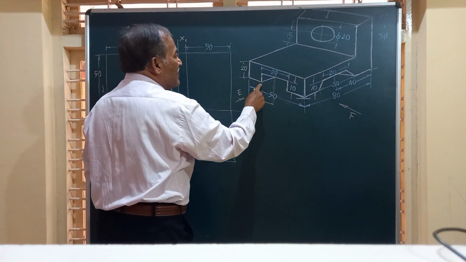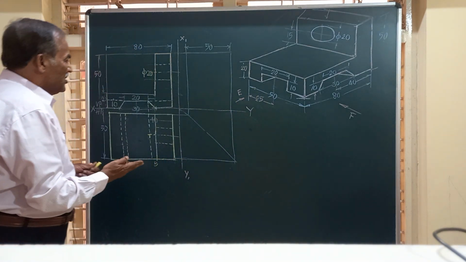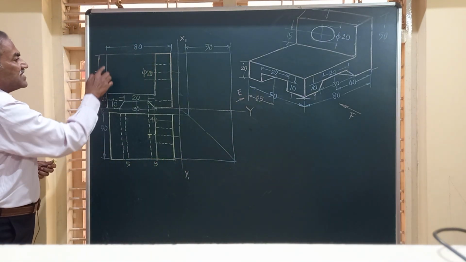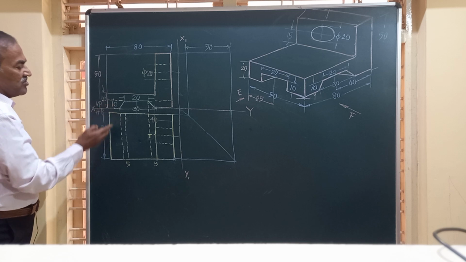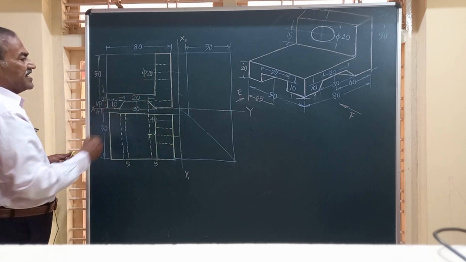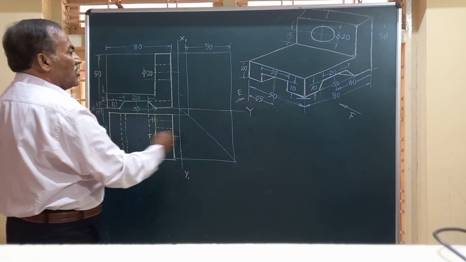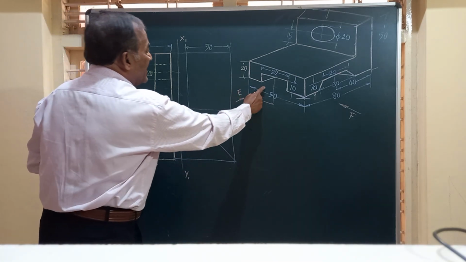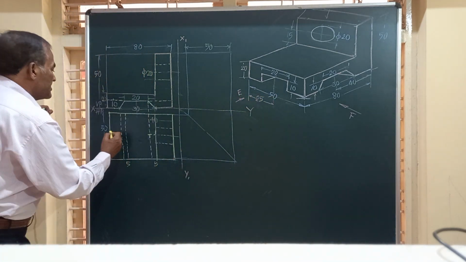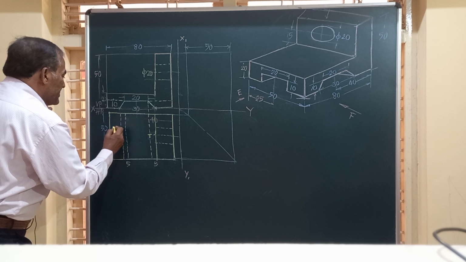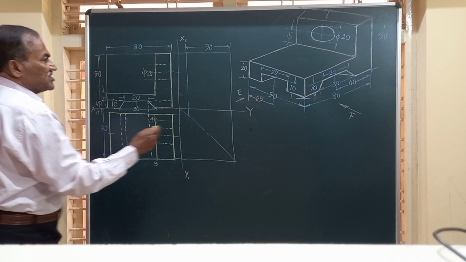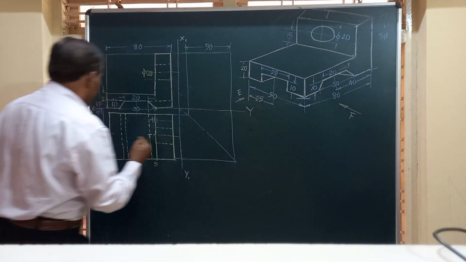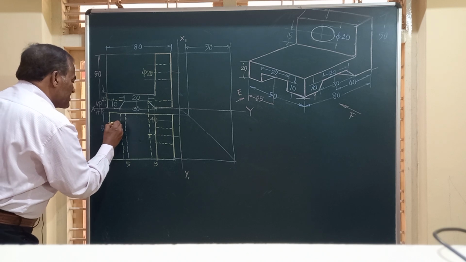Friends, finally we have to show this rectangular slot which is there throughout, exactly in the center, which you have to extend and get. That slot is exactly at the center of this 50 millimeter side. So from the center of this, I will take on either side 10, 10. So 10 on this side.